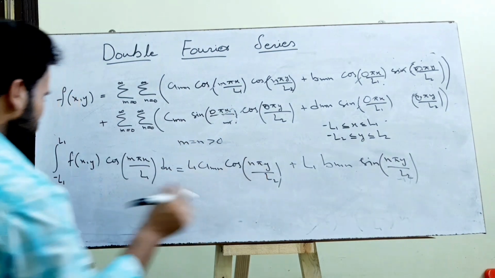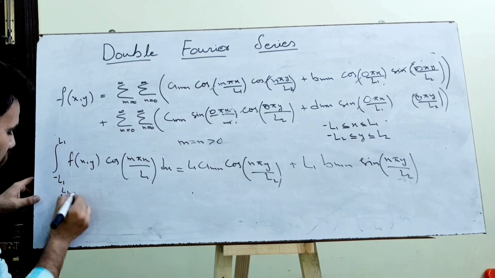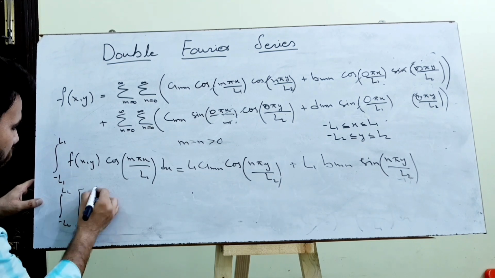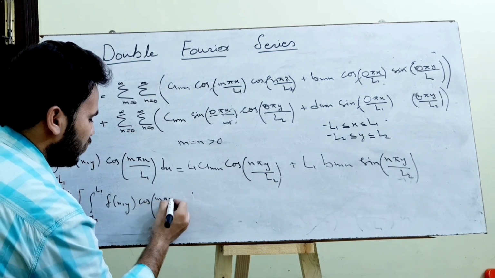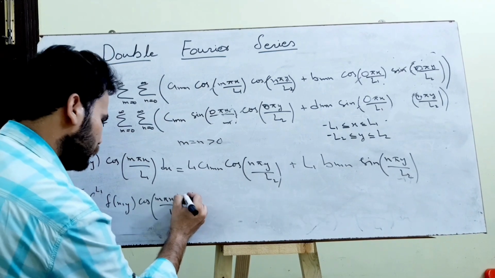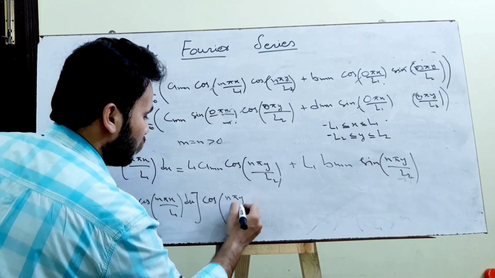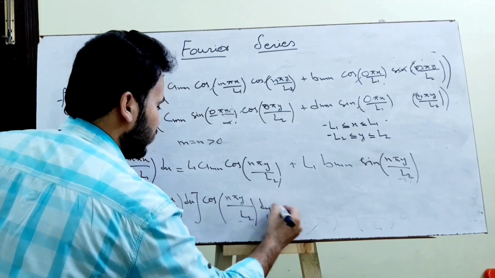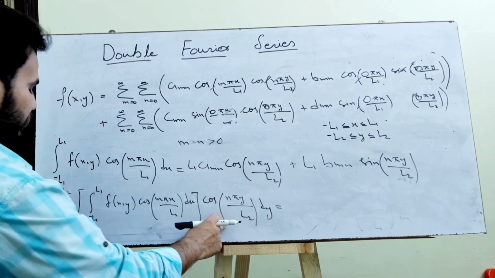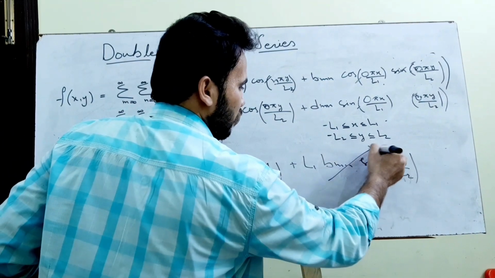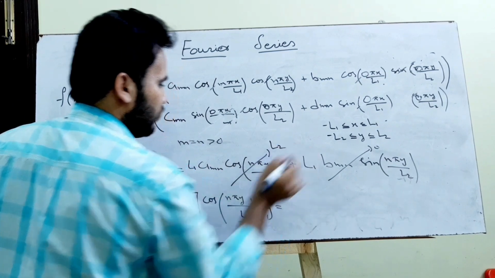Now again integrating from negative L2 to L2, over negative L1 to positive L1, f of x comma y cosine m pi x over L1 dx times cosine n pi y over L2 dy, on both sides. If I am multiplying by cosine n pi y and integrating over L2, the sine term will be 0 because we have already done this integral, and the other term will be just L2.